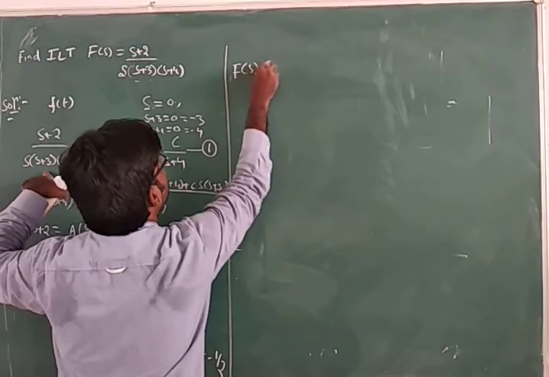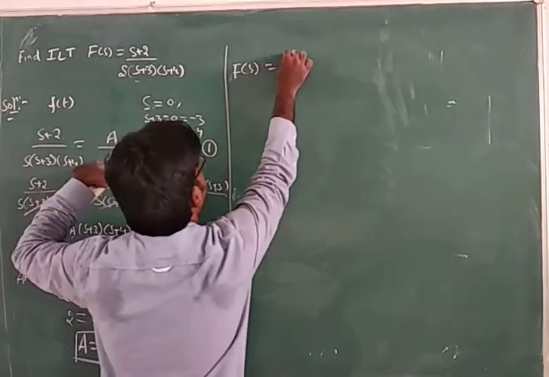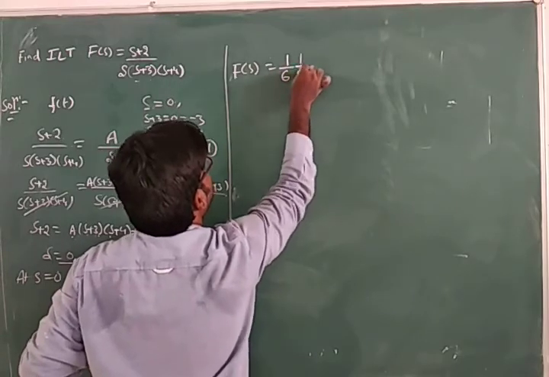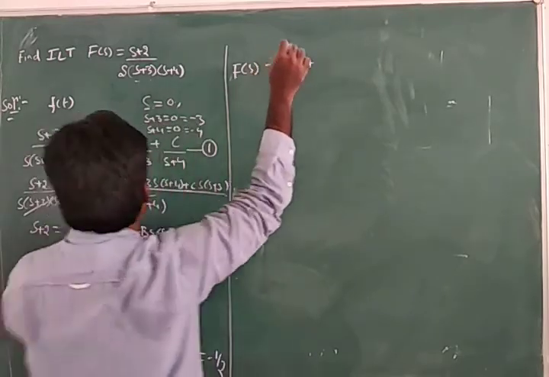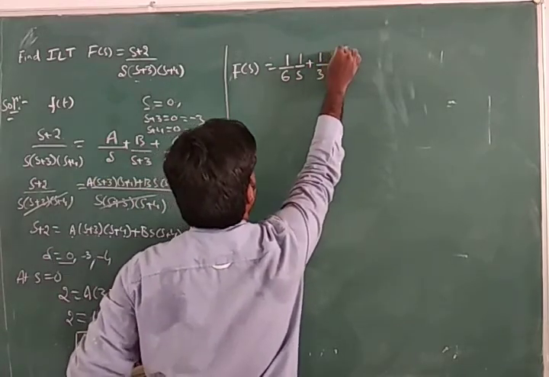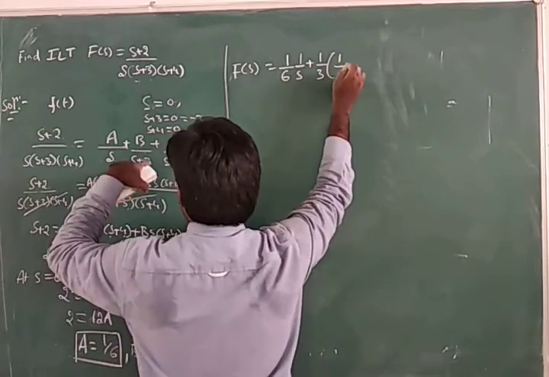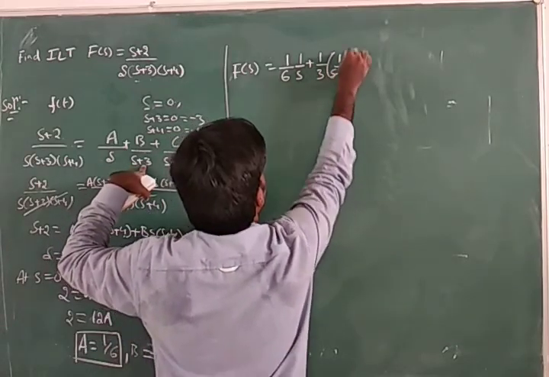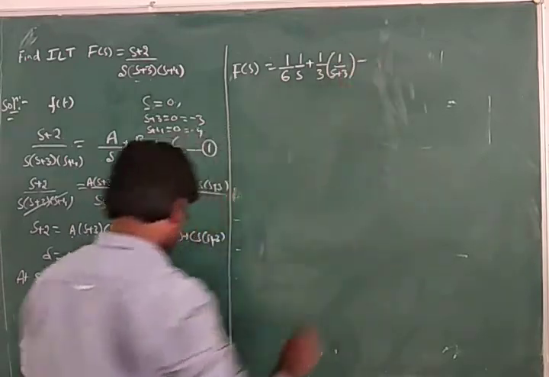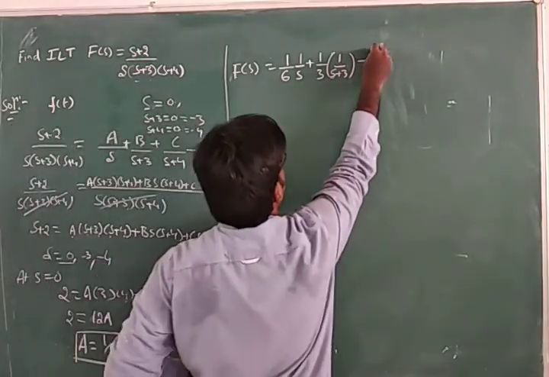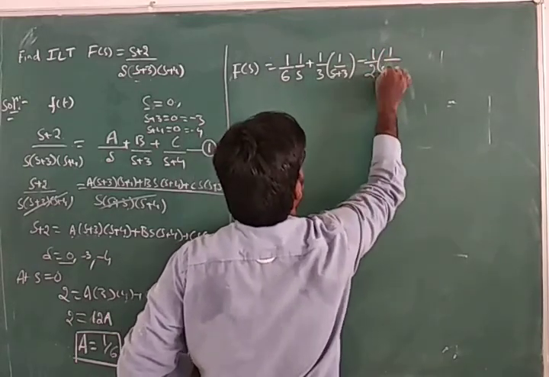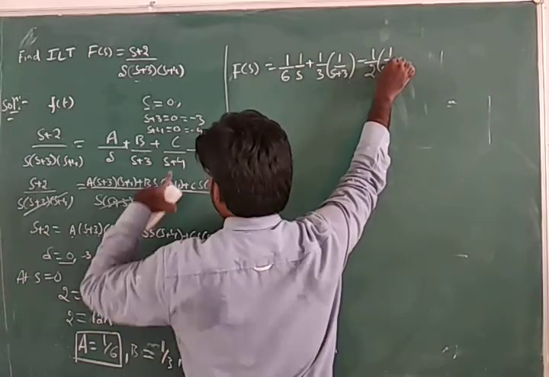This is nothing but f(s) is equal to, the a value is 1/6 into 1/s, plus 1/3 into 1/(s+3), then the c value is -1/2, so -1/2 into 1/(s+4).